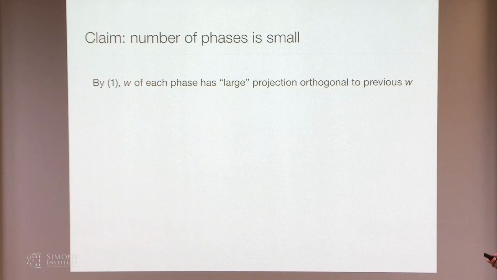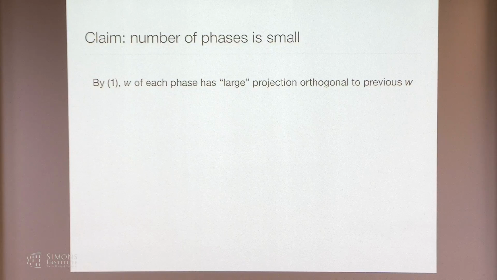So let's assume all phases are successful, and I want to show that the number of such phases is small. The reason is the following. By the first part of the bound, we can show that the W at the end of each phase has a large projection orthogonal to all the W's added so far.